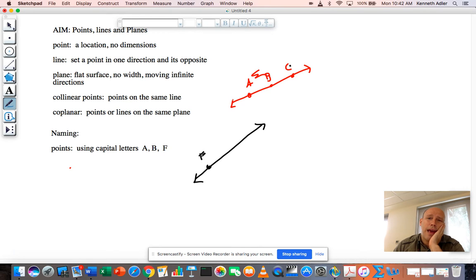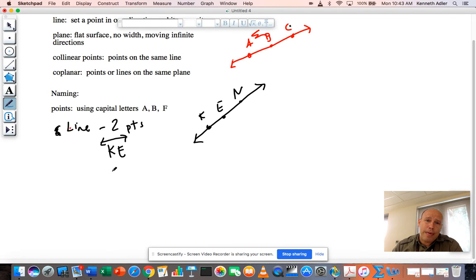Let's say K, E, N. The first thing we want to talk about is how we label a line. Well, we can use 2 points. Any 2 points are fine, but you have to remember the symbol that goes on top. So I would write, for example, KE, and I would do this symbol for a line. Another way might be KN. Put the symbol on top. Okay, that's a line.